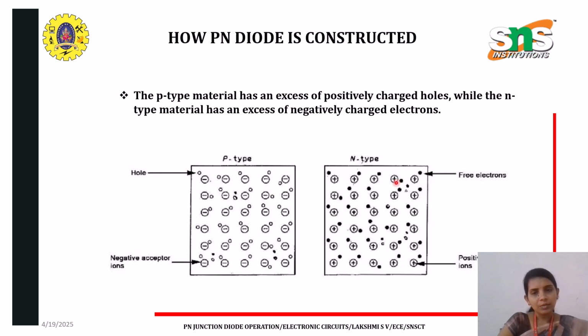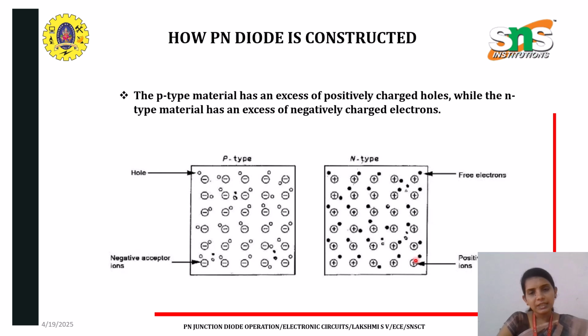So when they are brought together, diffusion occurs here. In P-type we have a majority of holes, whereas in N-type we have a majority of electrons. So the electrons from N-type move towards P-type and the holes from P-type move towards N-type, due to the force of attraction.